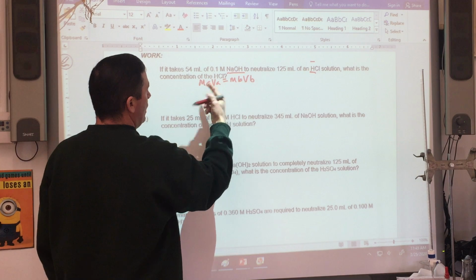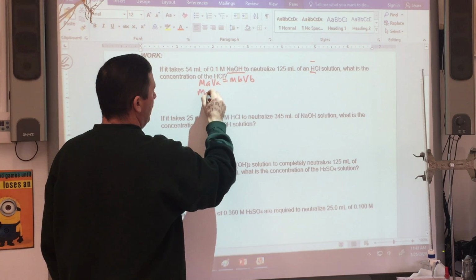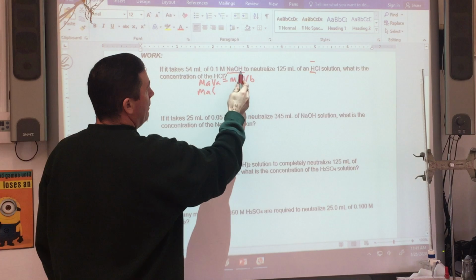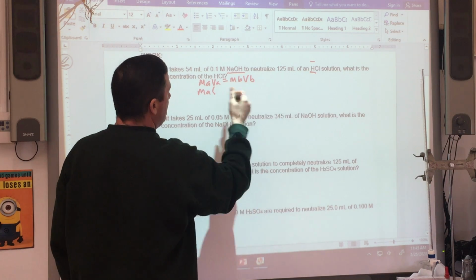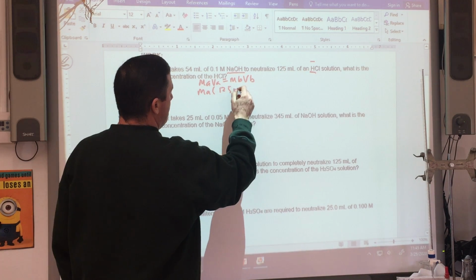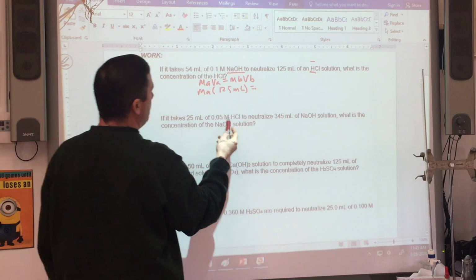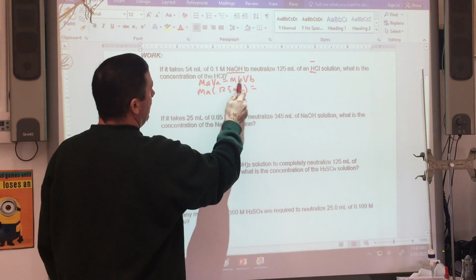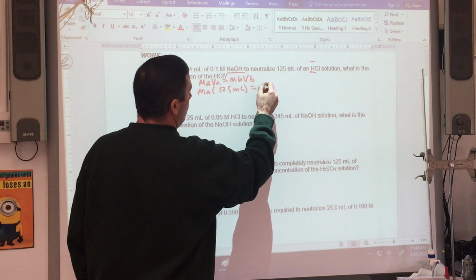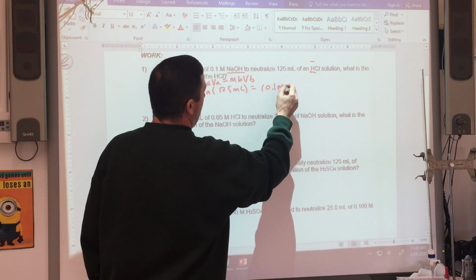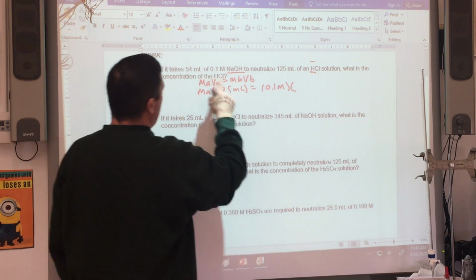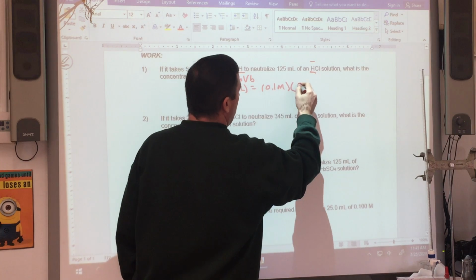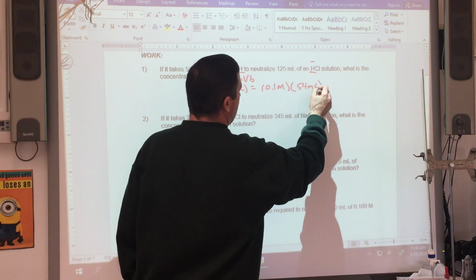What is the concentration of the HCl? So concentration, they're talking about molarity, so this is my unknown. I'm neutralizing 125 milliliters of that. I've got a molarity of the base of 0.1, and it takes 54 milliliters in order to do that.